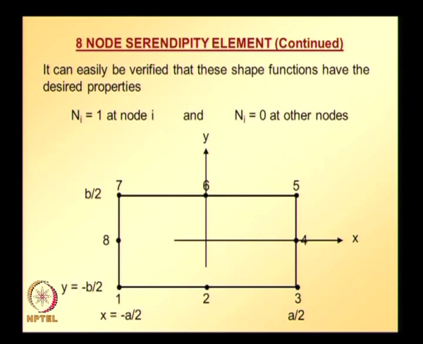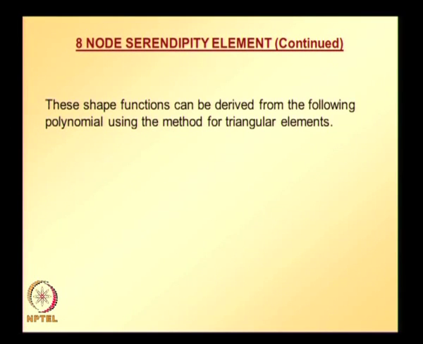Instead of that, we can also start with a polynomial having 8 coefficients. These shape functions can be derived from the following polynomial using the method that we adopted for linear triangular elements. Since there are 8 nodes, we need to start with a polynomial having 8 coefficients.